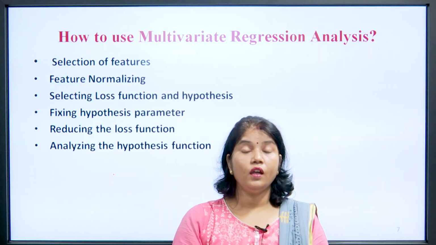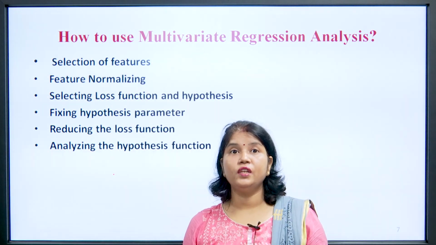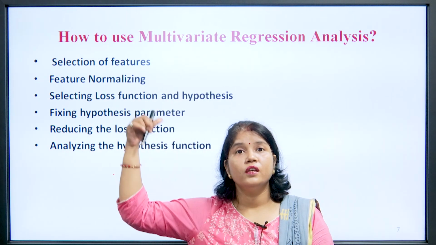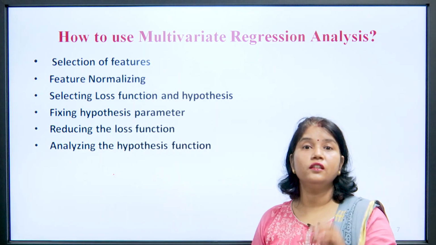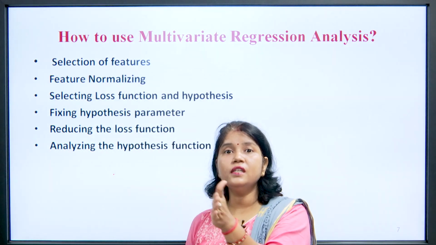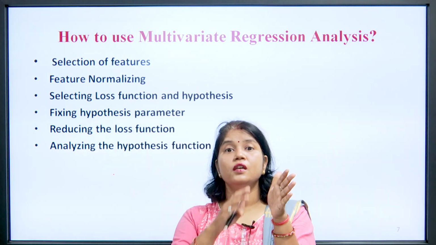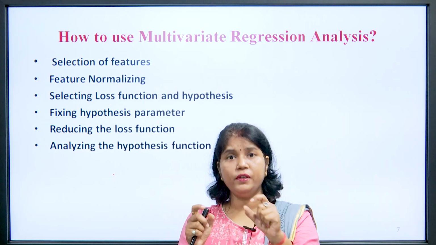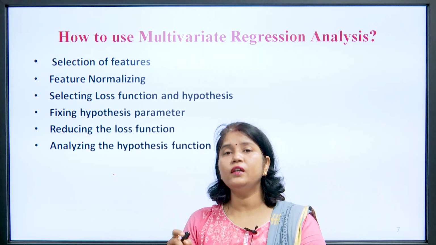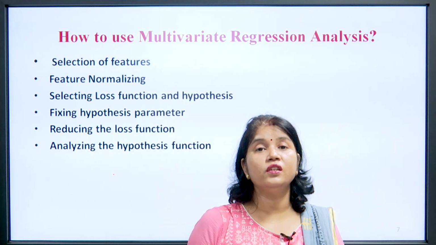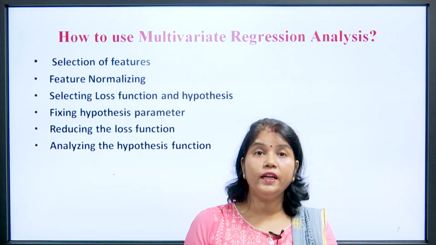The solution to these types of problems will be analyzed in various ways. He or she will first select the features, in which category it will lie, then normalize the data. Normalize means if something is redundant or repeated, that will be reduced one by one. After this you will select the loss function and formulate the hypothesis.